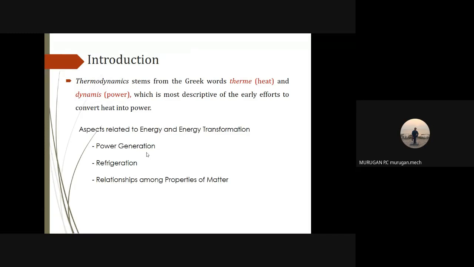Not only nuclear power, any type of power plant, power producing unit. A power producing unit is called a power plant. It consists of thermal power plant, nuclear power plant, diesel power plant, gas turbine power plant. So whenever power is generated, thermodynamics comes into major play.